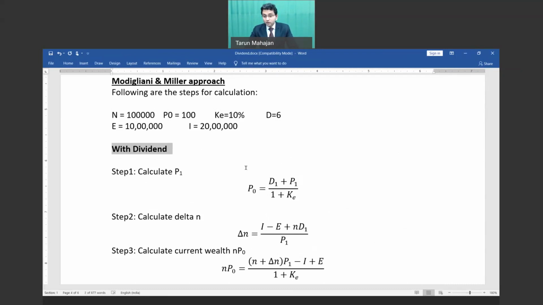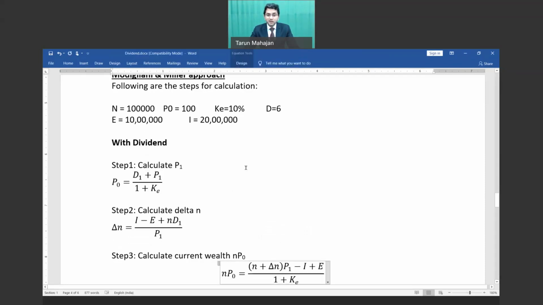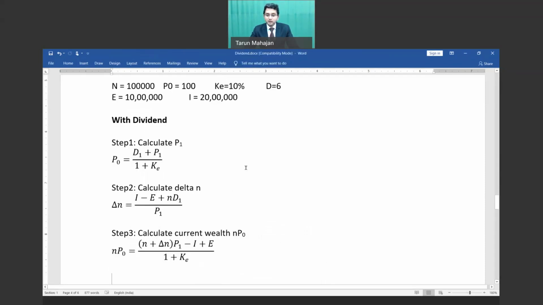If you decide to give dividend, sir, how come these steps? What is the derivation or logic behind it? No, that derivation or logic is too lengthy to pursue now. So let's just go through the steps. First, I'll try to calculate P0.